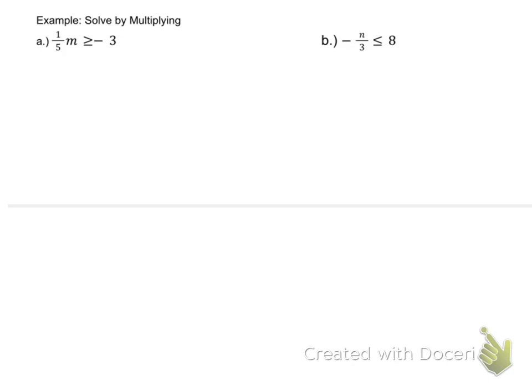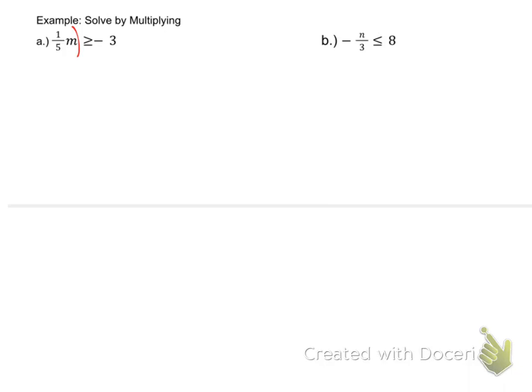And so now let's do some examples. I have 1/5 m is greater than or equal to negative 3. How am I going to get m by itself? How do I get rid of a 1/5? Multiply by the reciprocal of what? So I'm going to multiply by the reciprocal of 1/5, which is 5 over 1, or just 5.